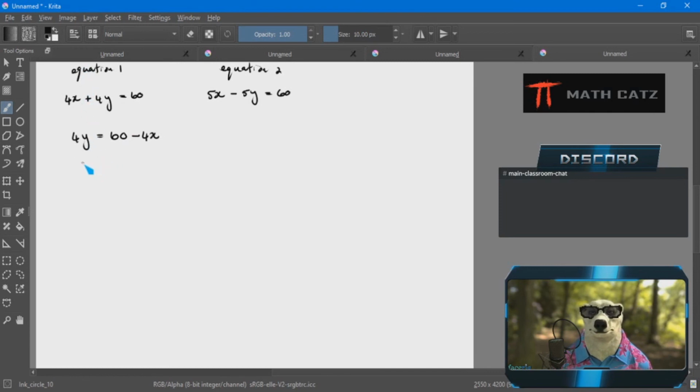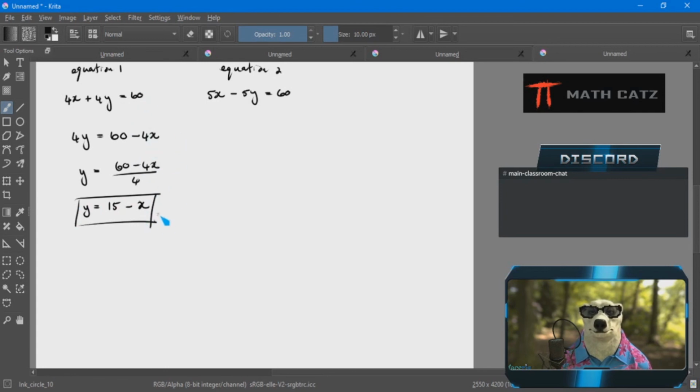Now I'm going to divide both sides by 4. So y equals (60 minus 4x) divided by 4. I have two terms. I can split this up and say it's 60 divided by 4, which is 15, minus 4x divided by 4, which is x. So it's just a rewrite of the first version of equation 1.